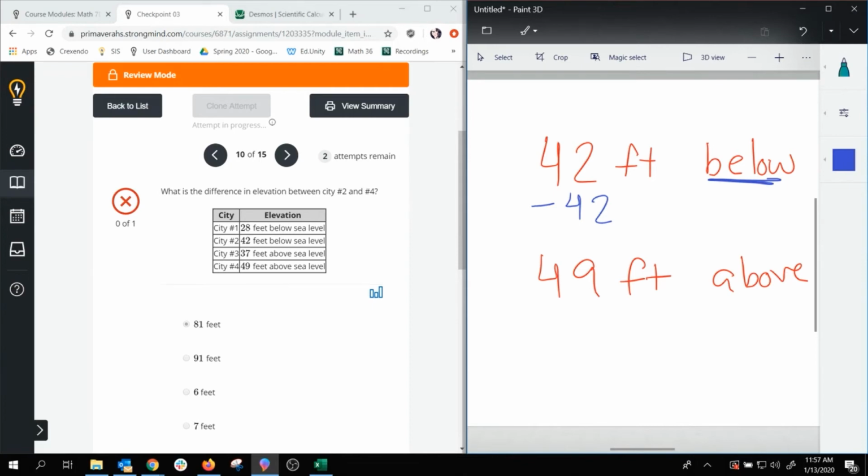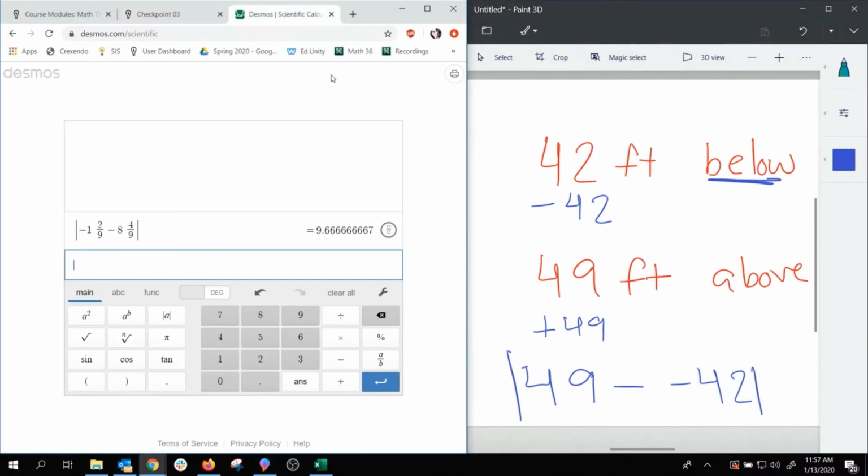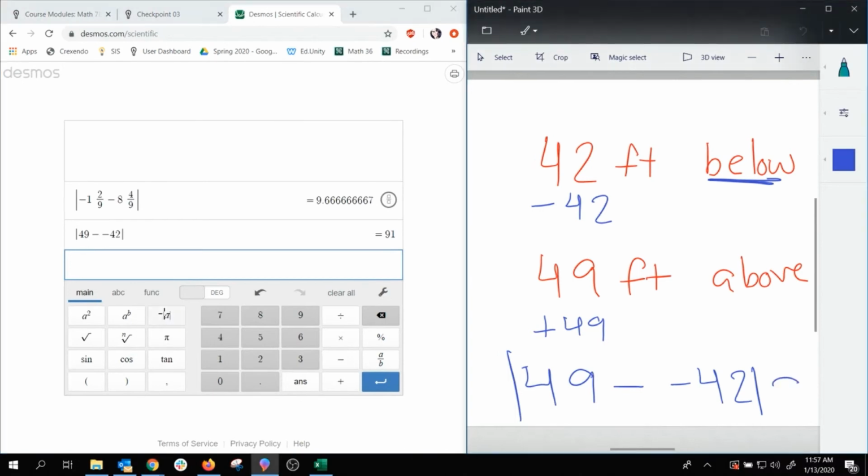Say negative 42. Perfect. Exactly. Because since this 42 is below sea level, it's negative 42. This 49 feet is above sea level, so this should be a positive 49. So when we go to subtract these two, I have 49 minus negative 42, which tells me that it is 91.